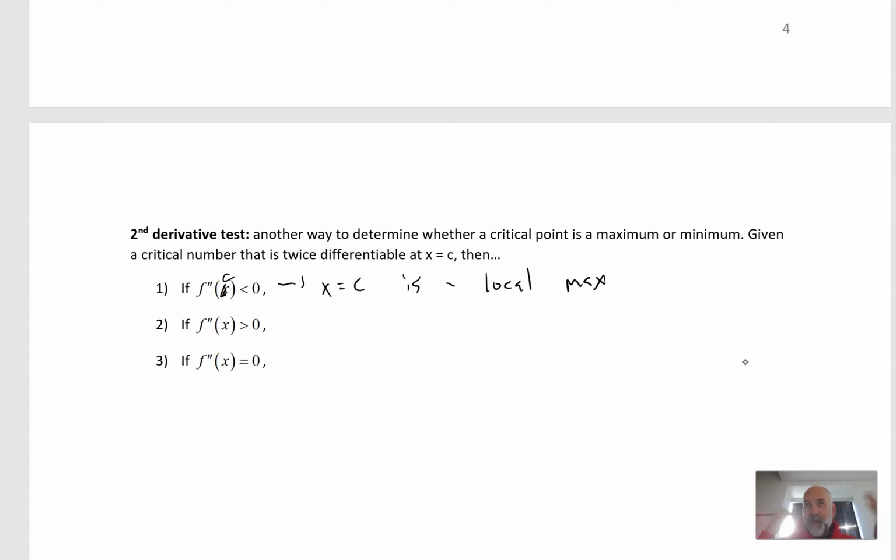Those two ideas kind of work backwards, negative and maximizing. That seems a little weird, so watch out for that brain spasm. And if the second derivative is positive, then that's a minimum. X equals c is a local min. And if the second derivative is equal to 0, then this gives no information.